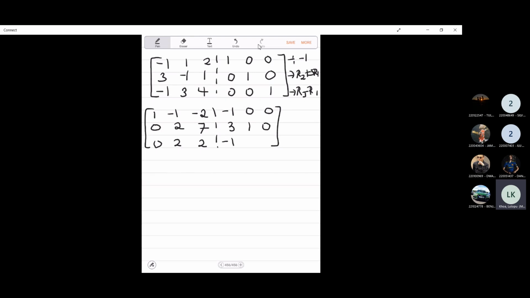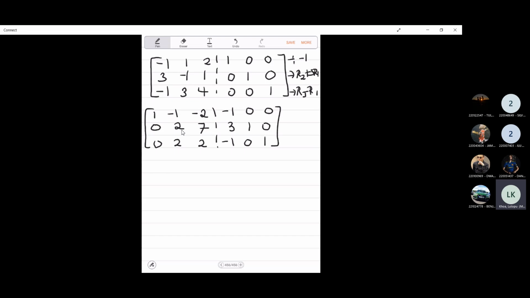Then 0 minus 0, 1 minus 0 is 1. Okay. Then I can make this one here a 1. Just divide everything by 2. And this one here, I can make it a 0 by saying row 3 minus row 2.